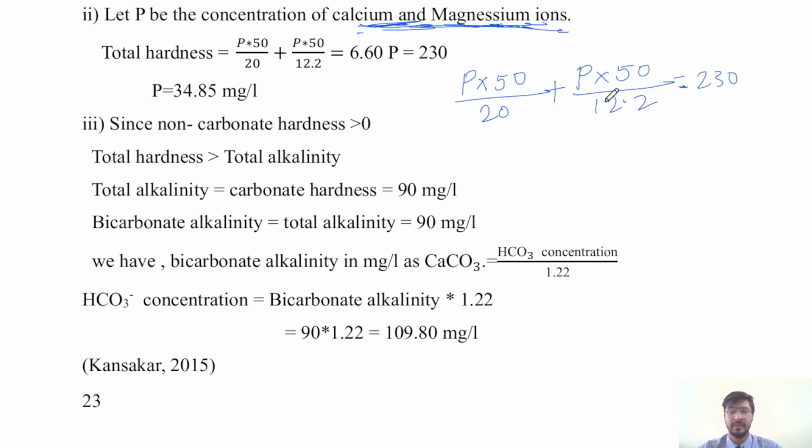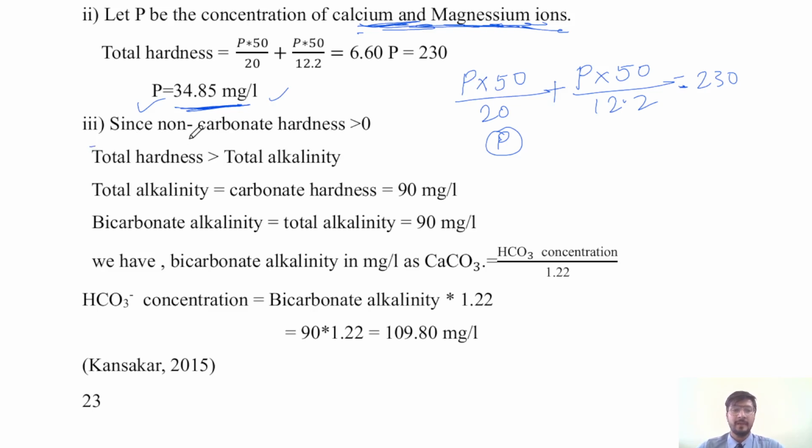From here we can calculate the value of P. So P is equal to 34.85 milligram per liter. So the concentration of calcium and magnesium ions in this water sample is 34.85 milligram per liter.